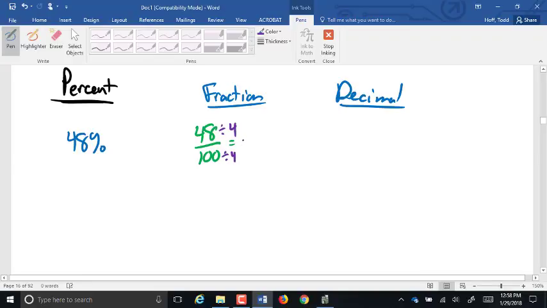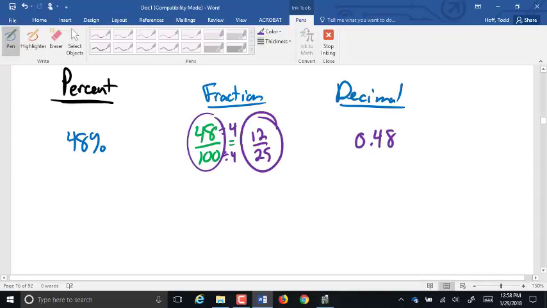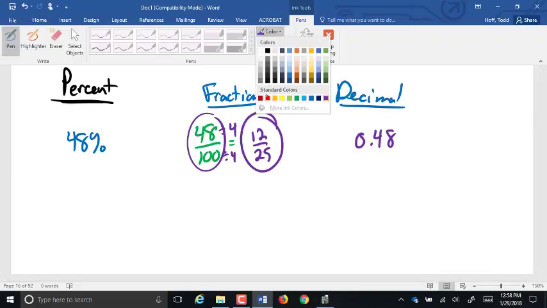Both can divide by 4, giving us 12 over 25 as a fraction. How about as a decimal? 0.48. Yes, it's just 48 over 100. If we divided that out, that moves the decimal point 2 spots. 0.48. Good.